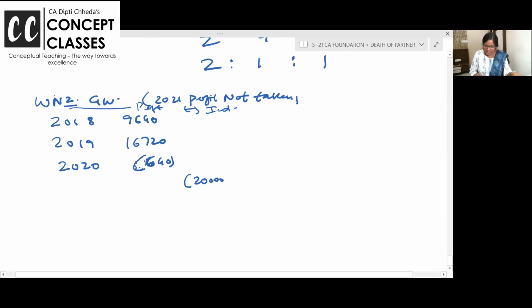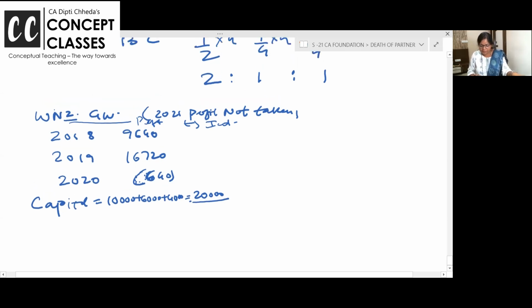If you want you can write down capitals, 10,000 plus 6,000 plus 4,000. 10, 6 and 4 that is equal to 20,000. और जो 20,000 कैपिटल है इसके ऊपर कितना इंटरेस्ट you are paying? 10%. 2,000 minus 2,000 minus 2,000.